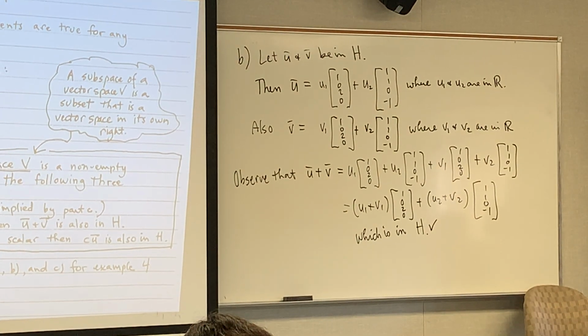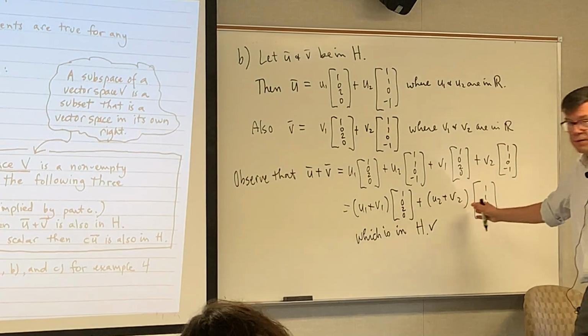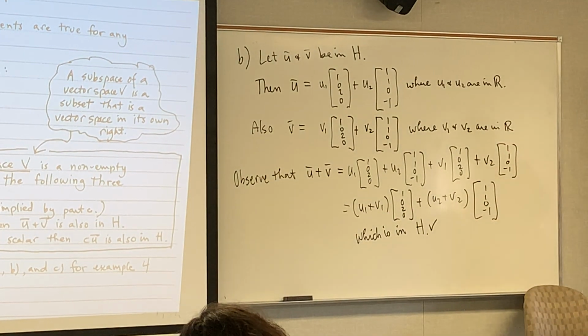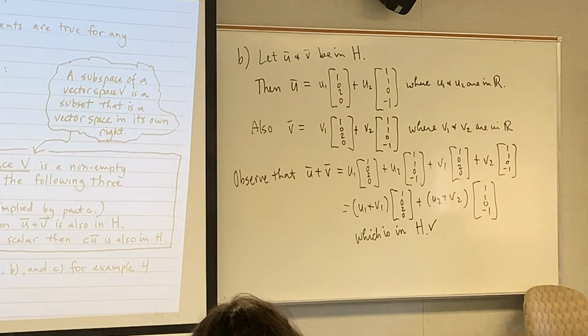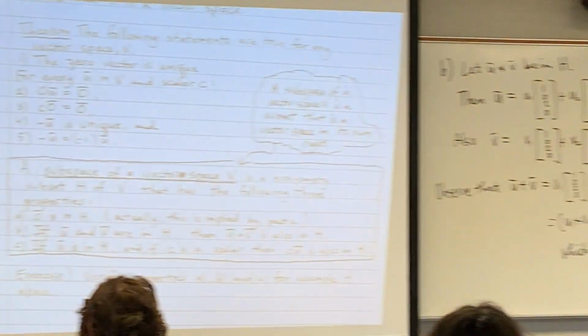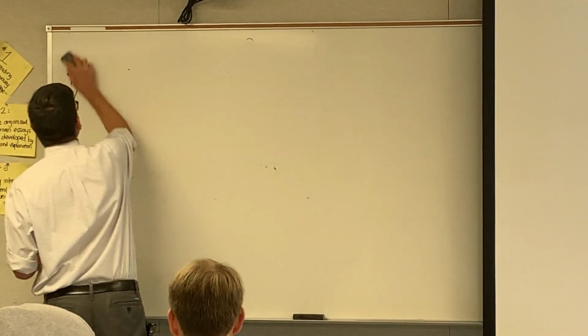It's almost like span is just set up for being a subspace, right? If you add two vectors in a span, you get a vector in a span, because we end up with a scalar multiple times the first plus a scalar multiple of the second thing. And verifying property C is going to be real similar. Let's just write it out.